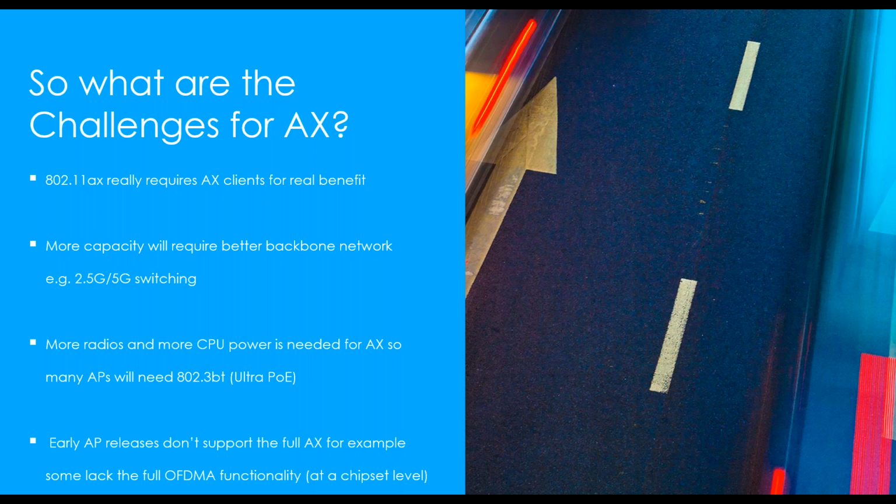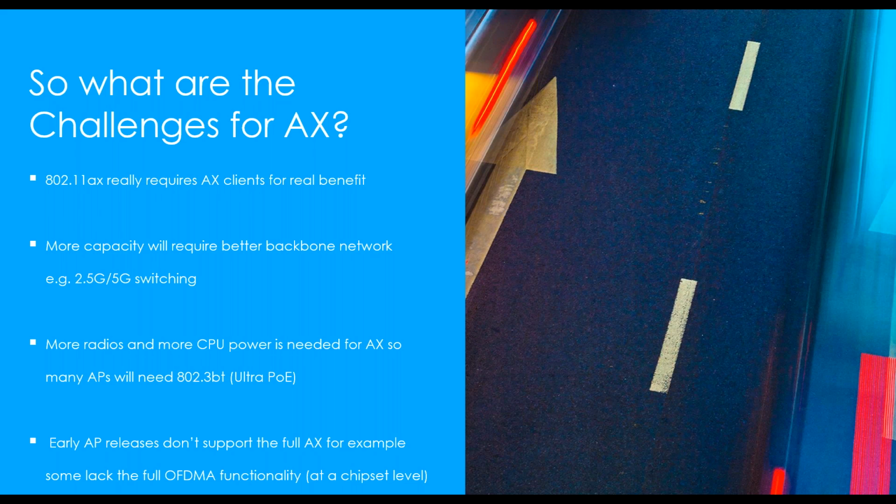This is a really valid point. Some of you may have seen that AX access points have been out for probably a number of months, but it's important to understand the differences between the early release and the later releases. There's a version 1 and a version 2 of the chipset, and the version 1 of the chipset doesn't have the OFDMA functionality.